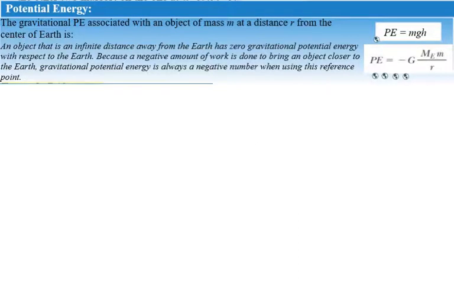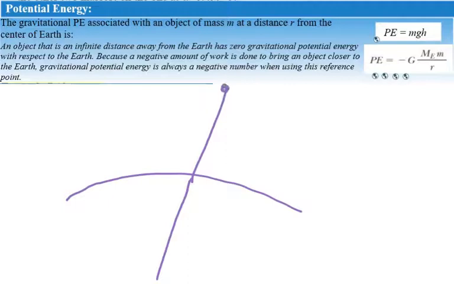So if you have a planet, and let's say the distance from the center to where you're raising an object is r. And so you take an object and you raise it to this height.